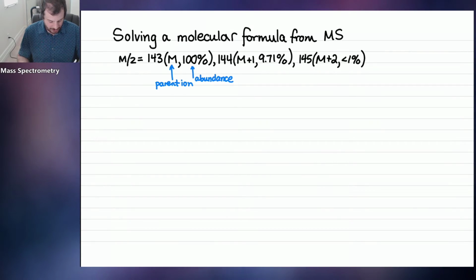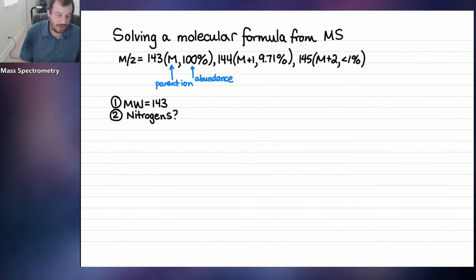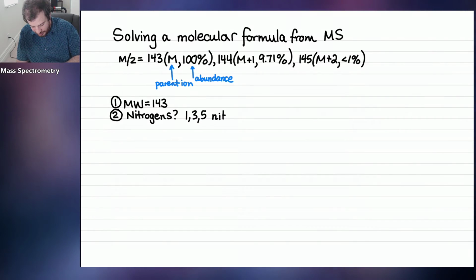So immediately we know, number one, the molecular weight is equal to 143. We know that the molecular weight is 143 because the parent ion weighs 143. Number two, nitrogen content. Well, we know we need to have an odd number of nitrogens because our molecular weight is odd. 143 is an odd number, so the nitrogen rule says we must have 1, 3, or 5 nitrogens.